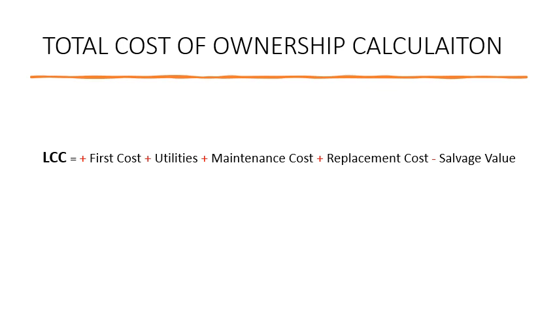But the problem is that these costs occur at different points, and we don't have an equal time basis. And we know that, for example, $1,000 today is different from $1,000 next year, or from $1,000 after 10 years.